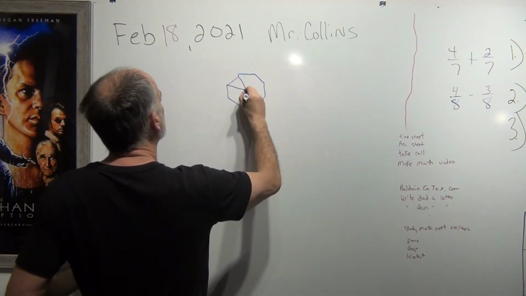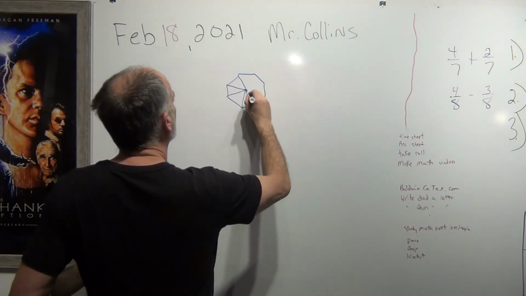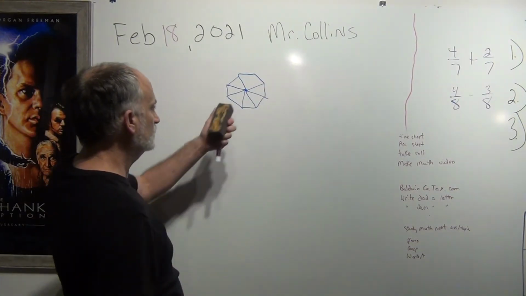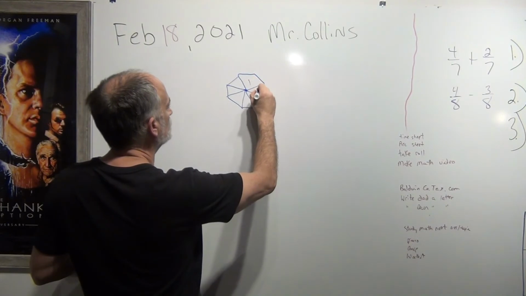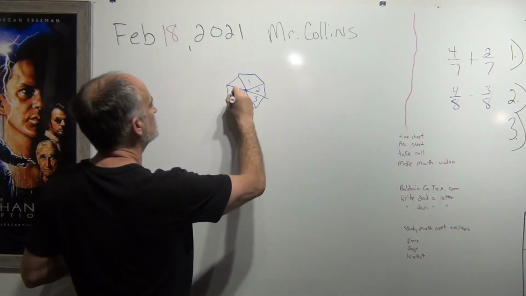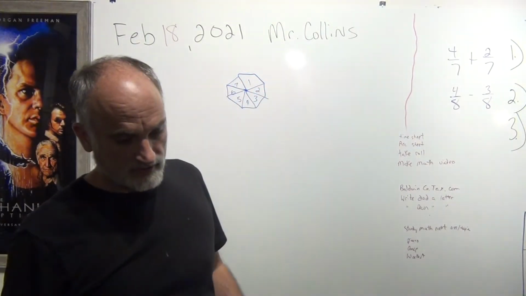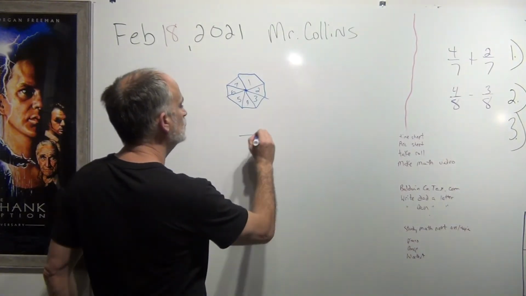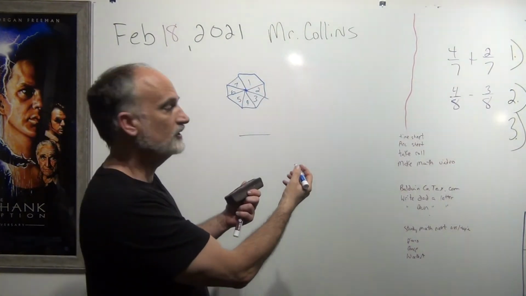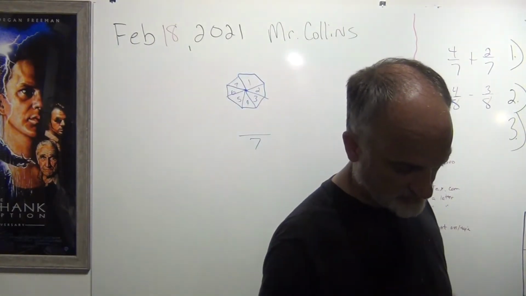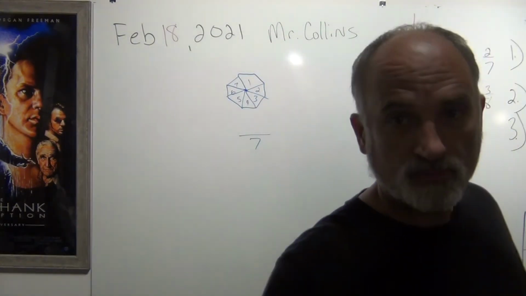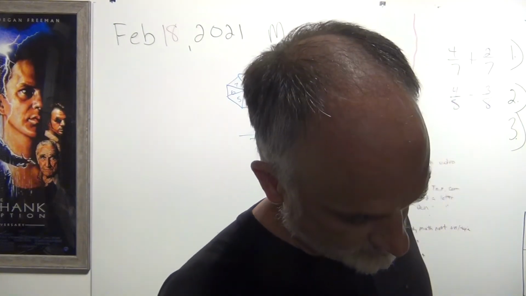All right, so all those pieces are supposed to be the same size. 1, 2, 3, 4, 5, 6, 7. So, numerator or denominator, what number goes in the denominator? I hope that you know by now 7. If not, you're just going to rewind and watch this video over.